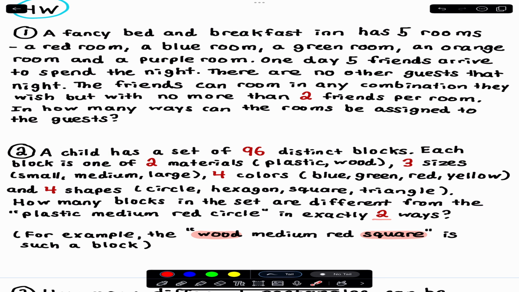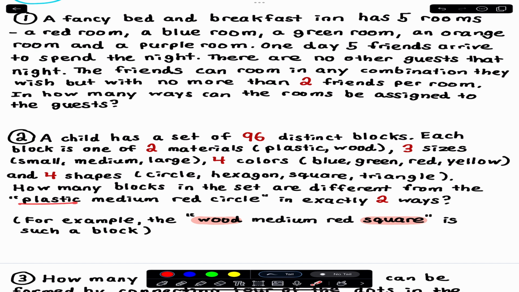So take a good look at this example here, which satisfies the conditions. So we have, in this case, wood and square differs from plastic and circle. So in this case, it would be the material and the shape that differs.